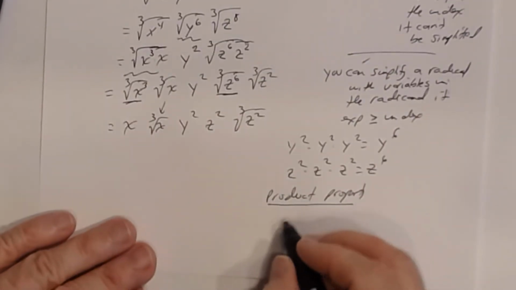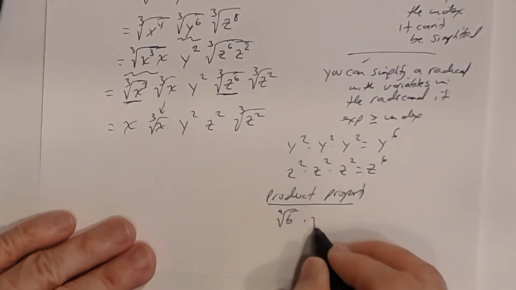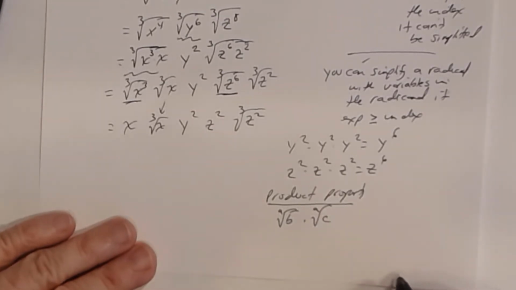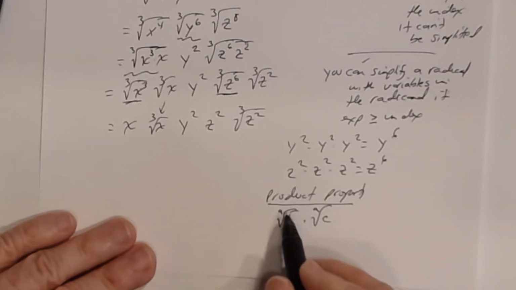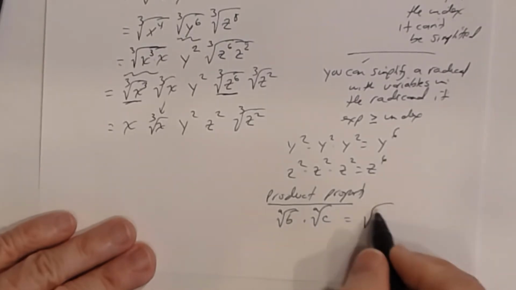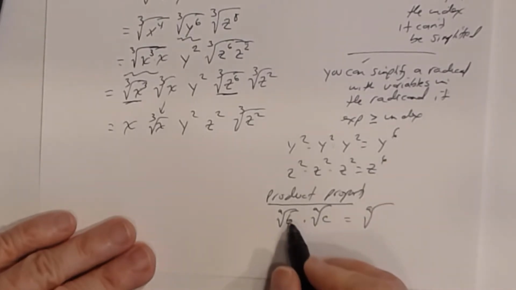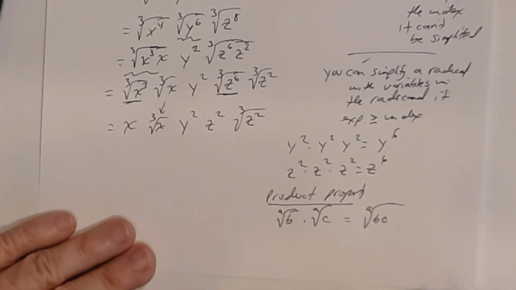All right, if I have the a root of b times the a root of c, so you see the indices are the same. As long as the indices are the same, then I can write this as one radical by just multiplying the radicands together. So that's the a root of b times c.